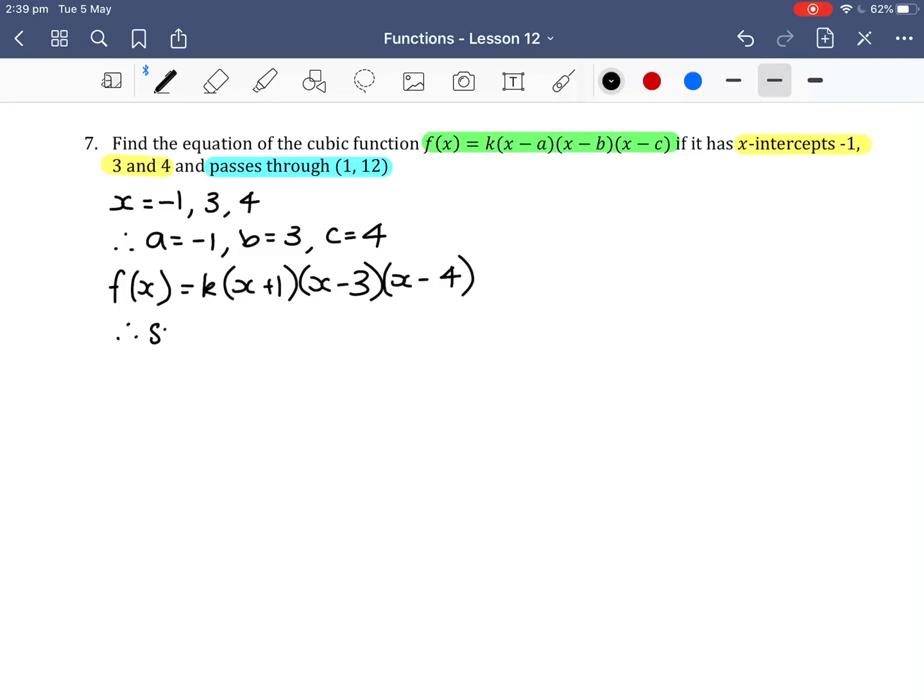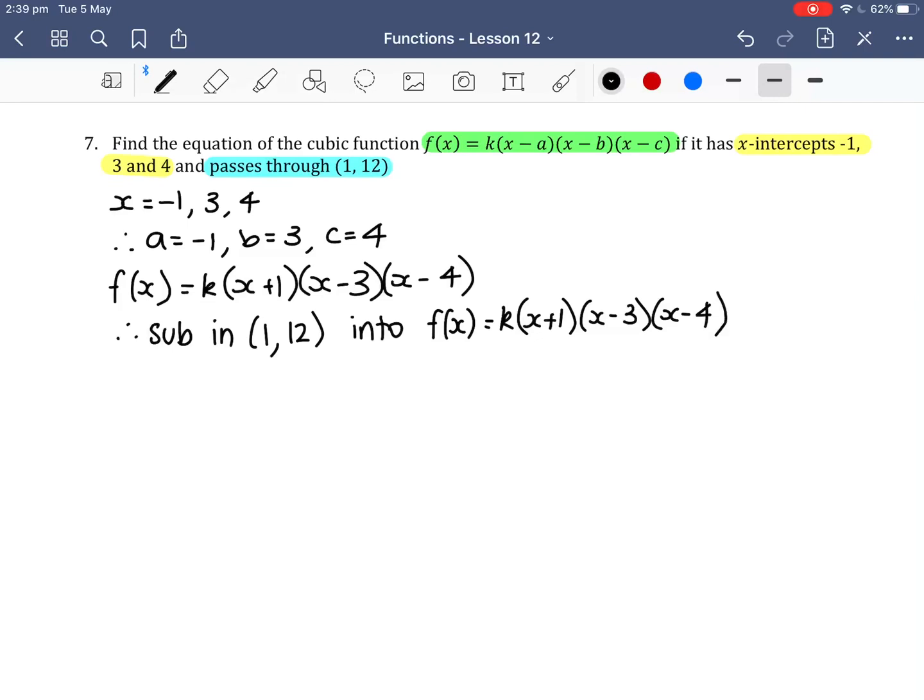Then we want to sub in our point 1, 12 into this new function, f(x) equals k bracket x plus 1, x minus 3, x minus 4.